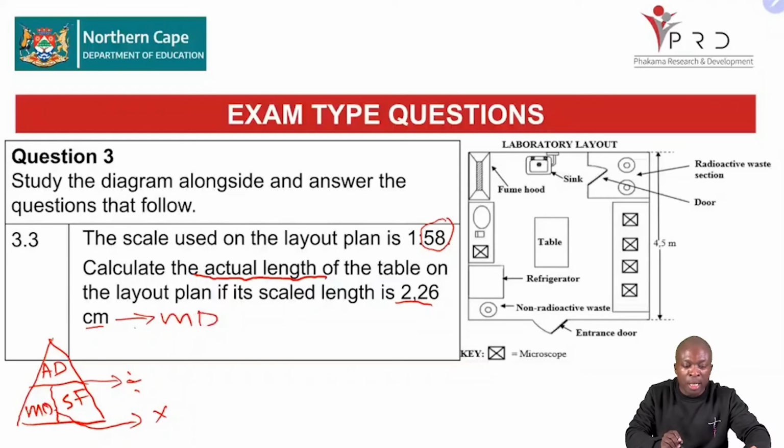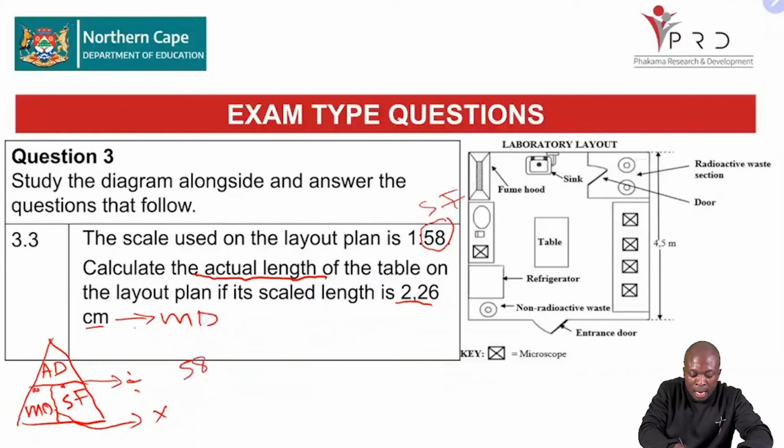So if you can check in this triangle, they have given us 2 of the values already. What do we have? We have our SF, and then we have our MD. So when you have SF and you have MD, what do we do? Good, we multiply them together.